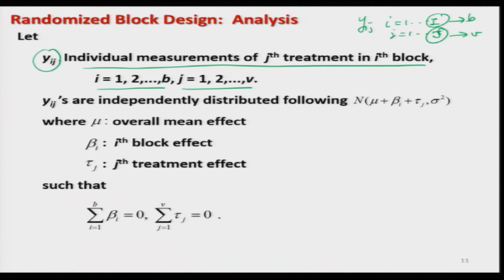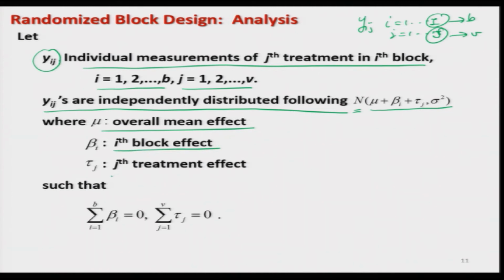So, my request is that please try to move further only when you are clear about the two-way analysis of variance. Now, we have the same assumption that the Yij's are independently distributed and follow a normal distribution with mean mu plus beta i plus tau j and variance sigma square. Mu here is the general mean effect or the overall mean effect, beta i is the ith block effect and tau j is the jth treatment effect, and then we put a constraint that summation beta i is equal to 0 and summation tau j is equal to 0.